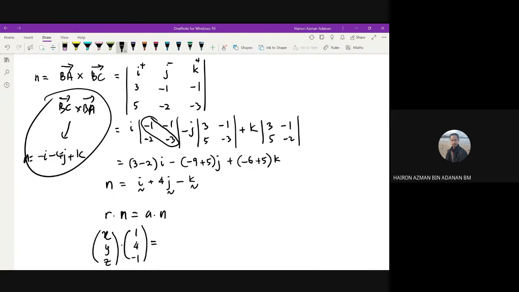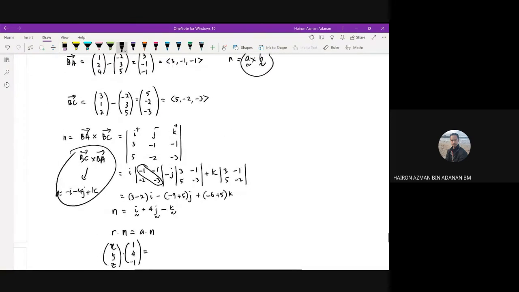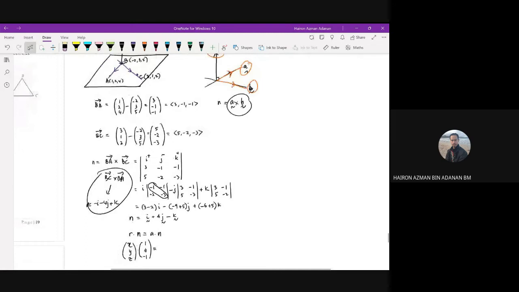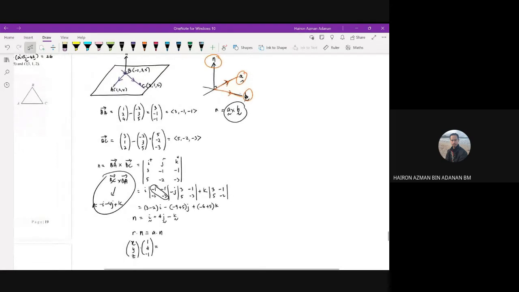Okay. A, you have to refer where your normal come. Come from point B, right? Point B. So you choose point B as your A. Not point A, point B. Dekat mana normal tu naik? Okay. So point B actually -2, 3, 5.